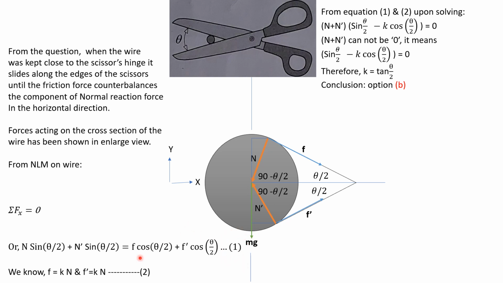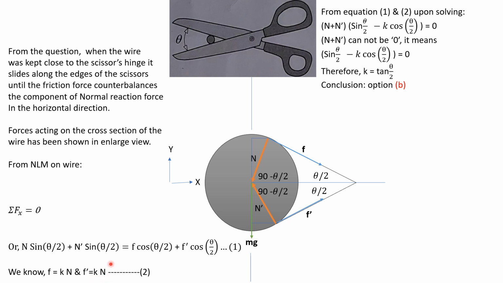And from the definition of friction force, you know that friction force is equal to the coefficient of friction times the normal force acting on it. So F is equal to k N, and F dash is equal to k N dash.